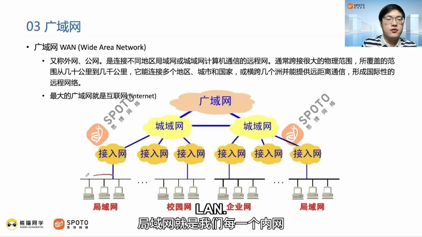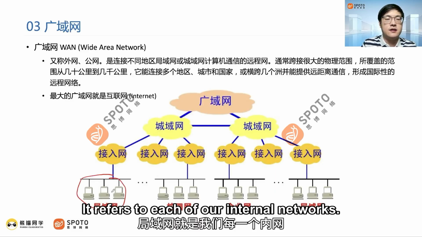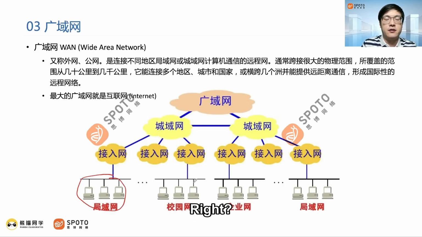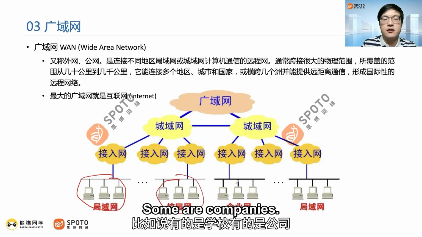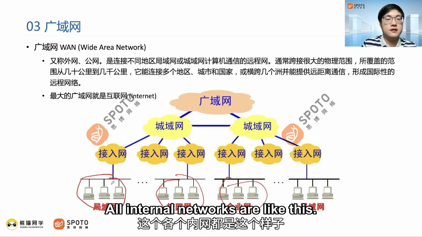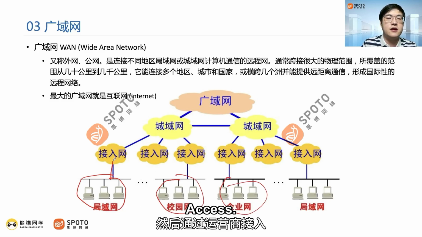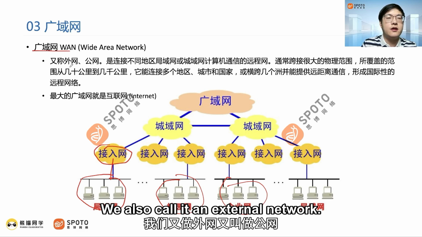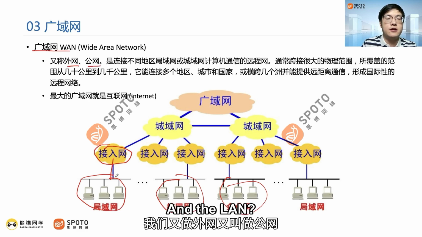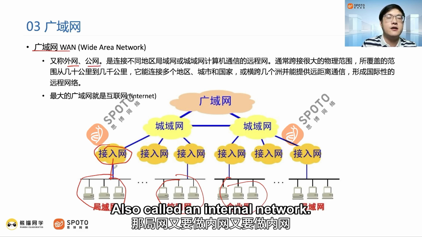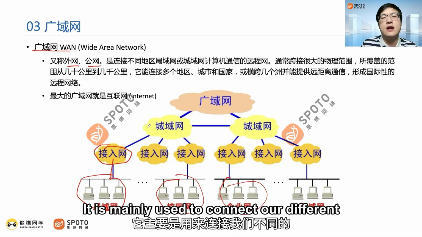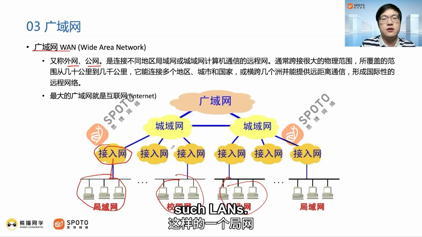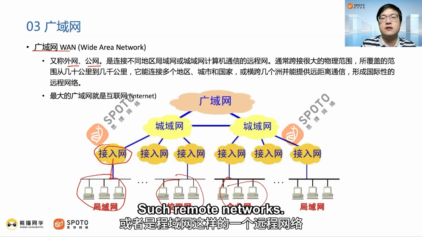LAN refers to each of our internal networks. All internal networks are like this. Then they access through the ISP. The WAN is mainly used to connect different LANs or MANs, such remote networks.